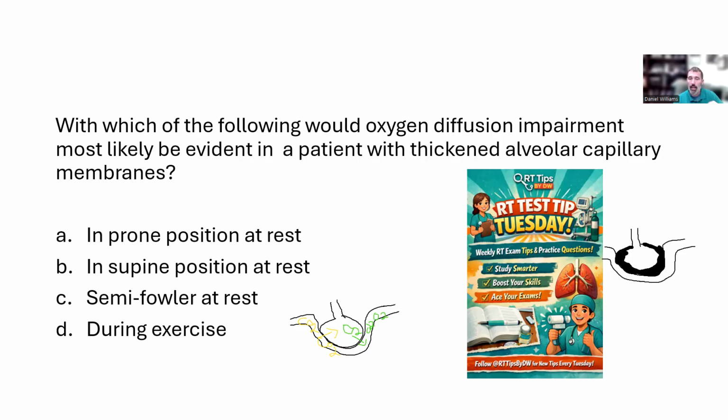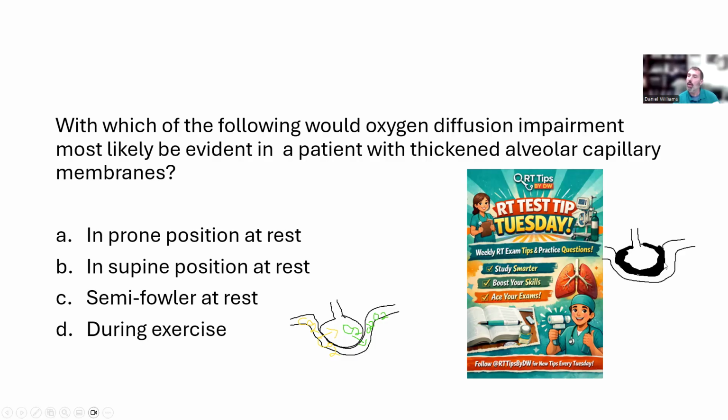So understanding that, when we take into account the oxygen diffusion and the alveolar capillary membrane, we're looking for that equilibrium to occur. As long as the patient is at rest and not exerting themselves, you will eventually acquire that oxygen equilibrium and have the appropriate amount of oxygen.